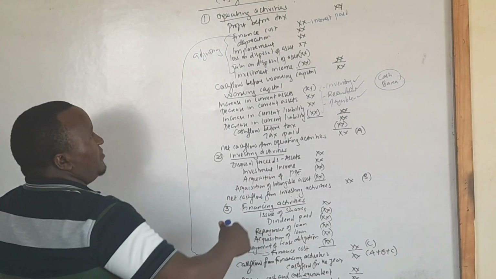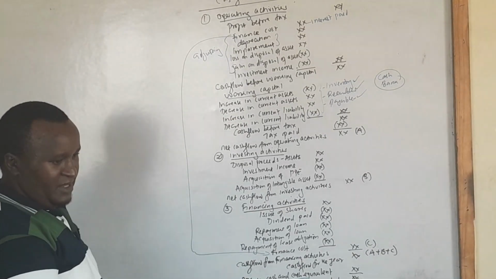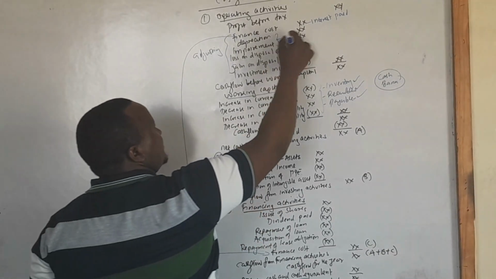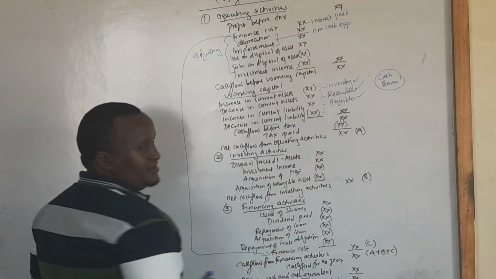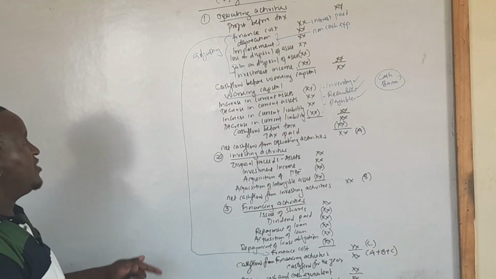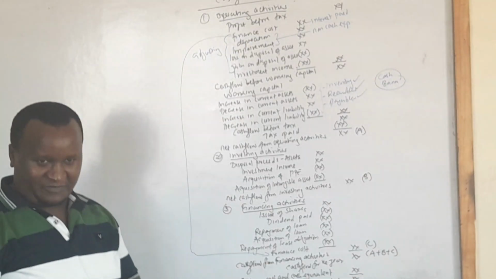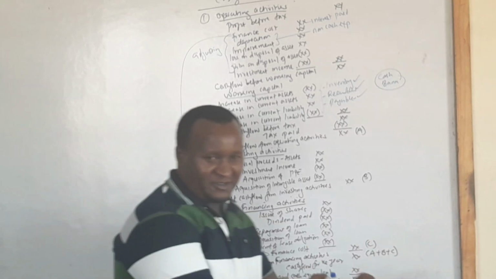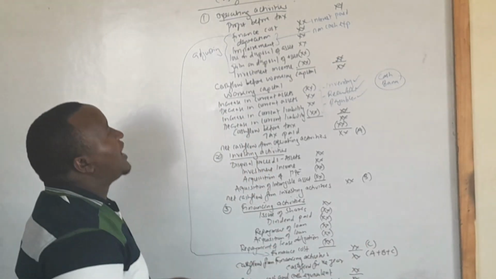When we talk about depreciation and impairment, remember this one is a non-cash expense. When we depreciate an asset, actually we don't set money aside for depreciation. We don't have a depreciation account where we are depositing money. It's only for accounting purposes.